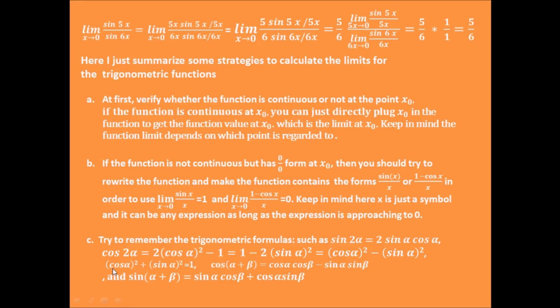Also, we know that cosine alpha squared plus sine alpha squared equals 1. Cosine of (alpha plus beta) equals cosine alpha cosine beta minus sine alpha sine beta, and sine of (alpha plus beta) equals sine alpha cosine beta plus cosine alpha times sine beta.